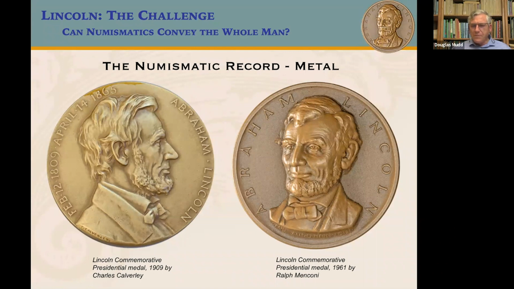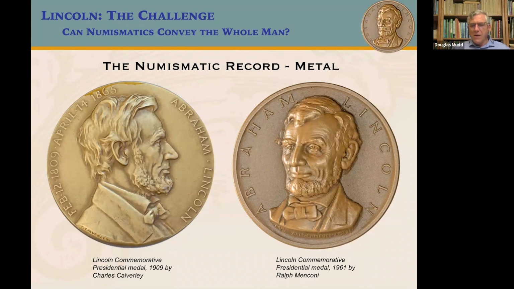By virtue of his features, he still has a strong face, but this is a much more approachable, perhaps jolly version of Lincoln, something you don't see very much in the earlier impressions, especially in the 19th century, just because of the photographs and also the reverence with which Lincoln was held in the earlier period, which has changed a little bit.